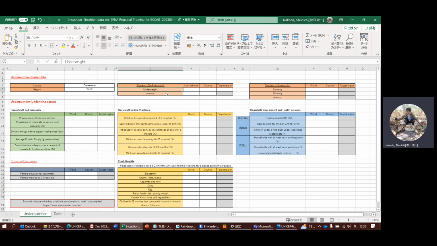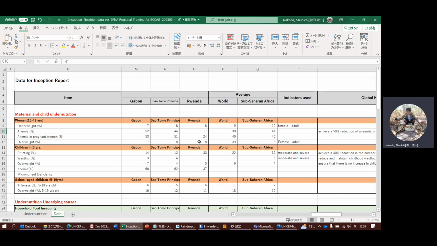So you will look at it item by item: your country data, average reference data, as well as subnational data. For the reference data plus country data, we have already prepared, collected, and set it in the data format here.